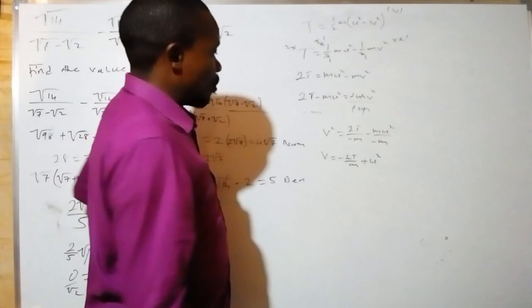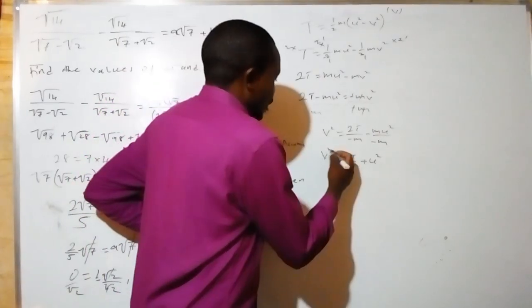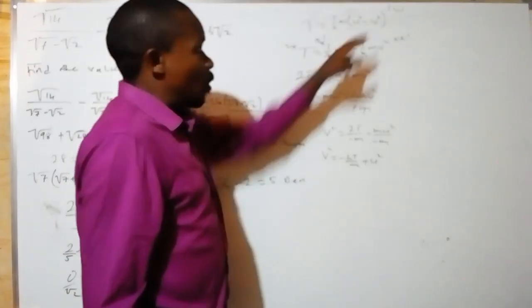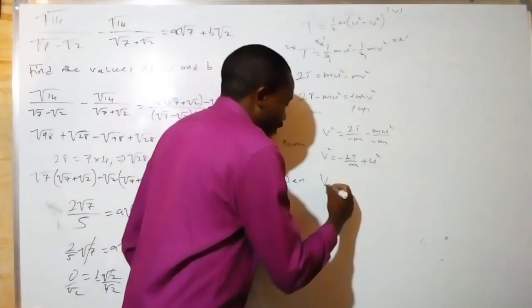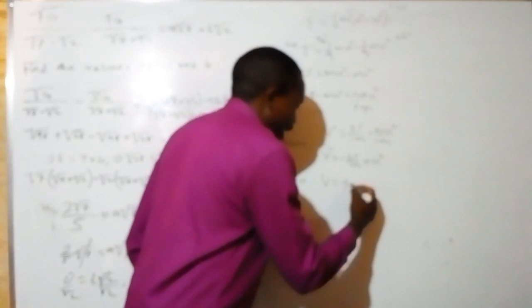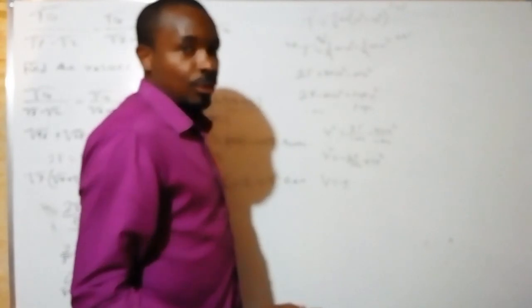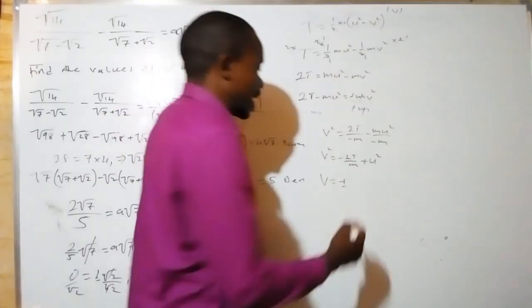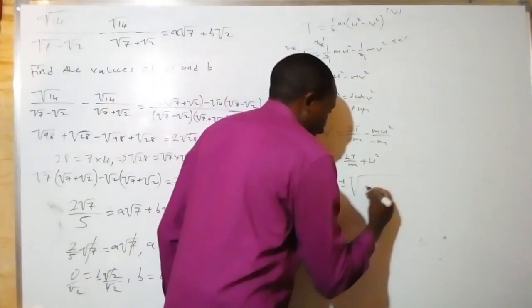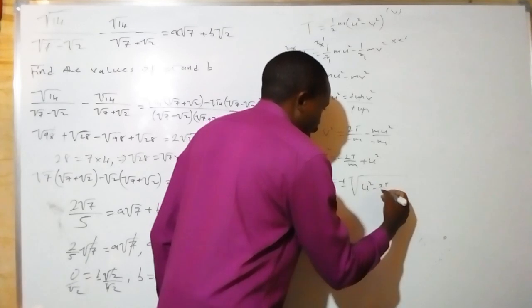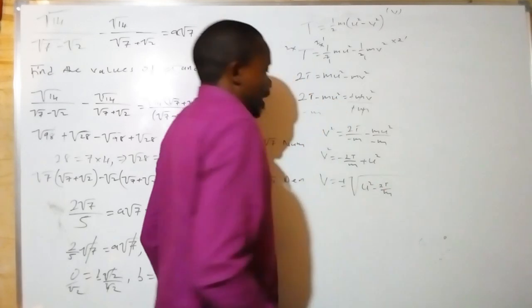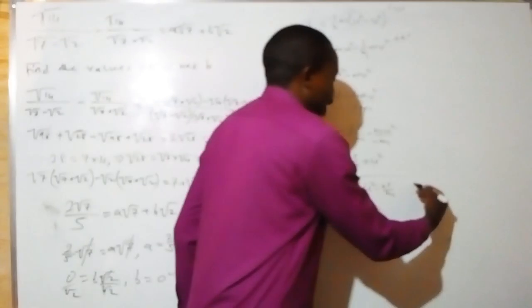And this is v squared. Since we want v alone, we don't want v squared, we want v. We can say that v is equal to plus or minus, you are supposed to give your answer in terms of plus and minus, the square root of u squared minus 2t all over m. Yes, that is the correct answer for that part.